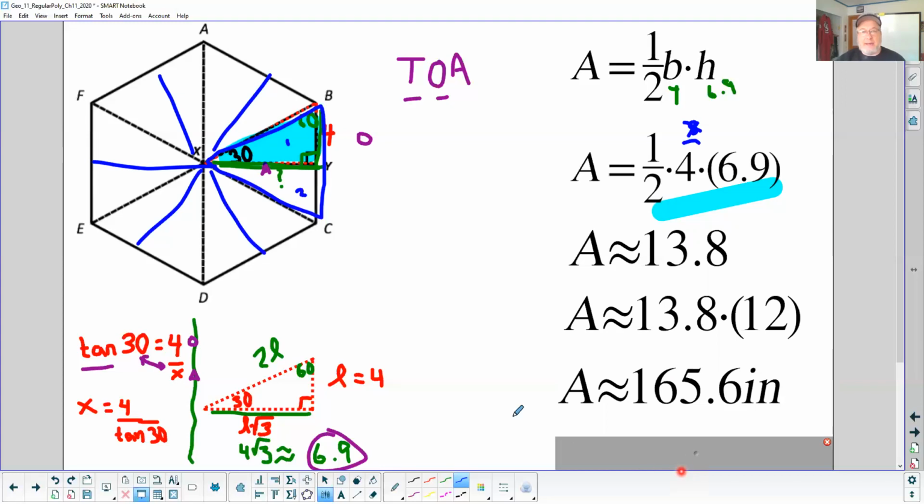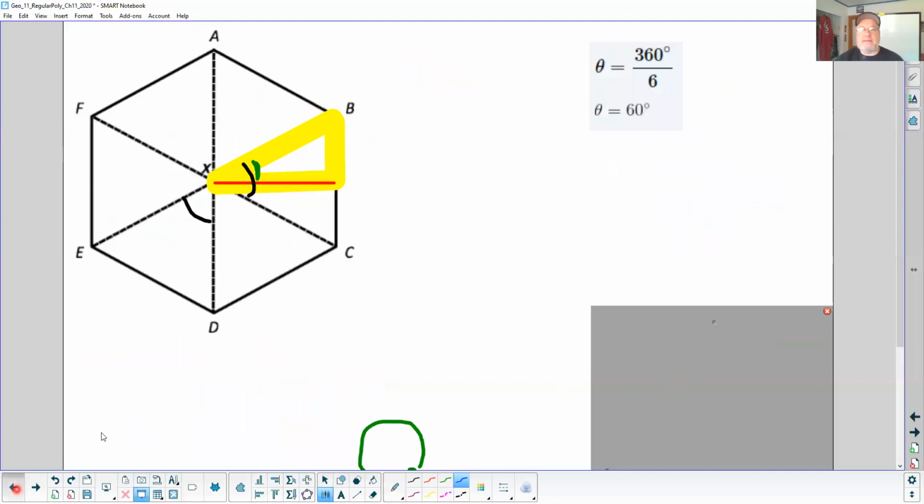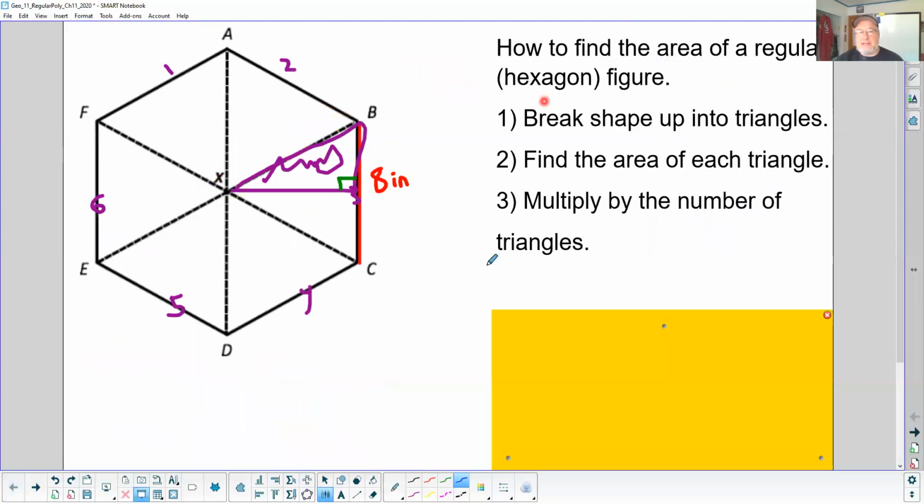Now, a couple quick comments. This is a difficult question without me guiding you and giving you tons of practice. All I care that you understand on this problem is that you kind of know how to do these 3 steps here. Break it up into the number of triangles, find the bases and the heights of these triangles, and then multiply by either, in this case, it's a hexagon, so 6 or 12.